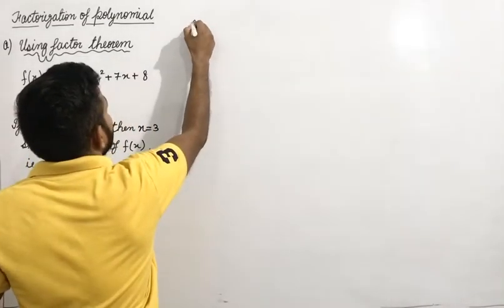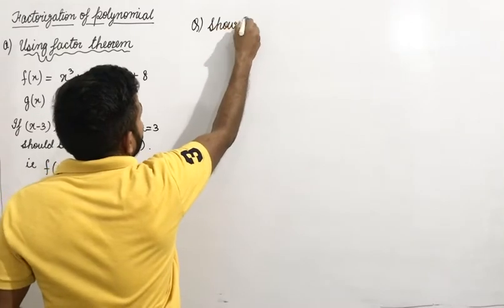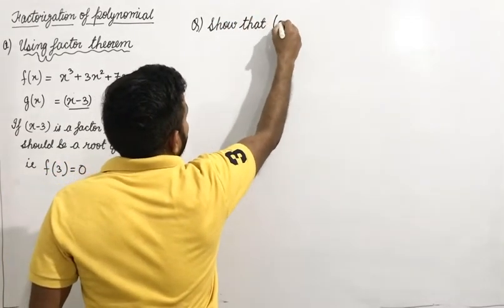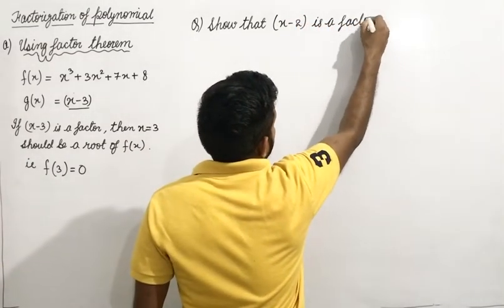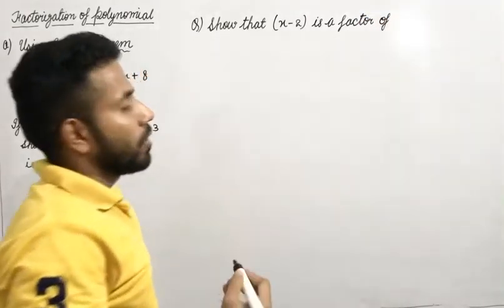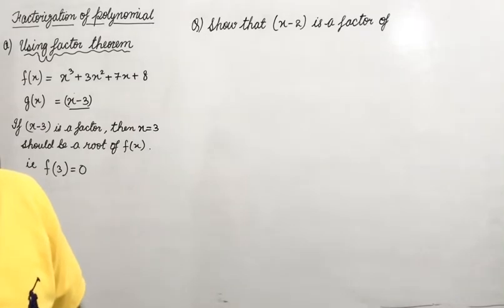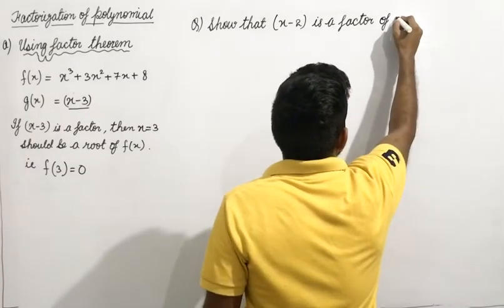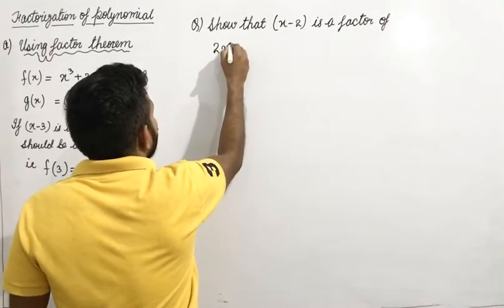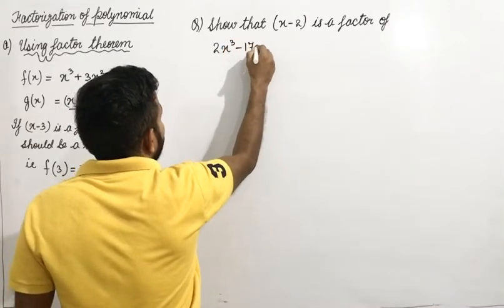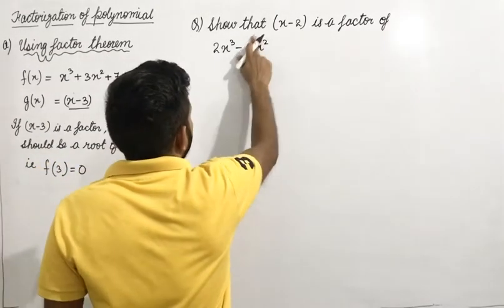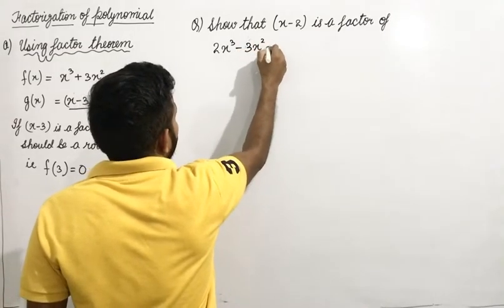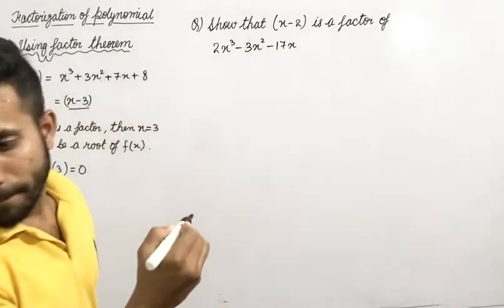So the question is, show that x minus 2 is a factor of 2x cube minus 3x square minus 17x plus 30.